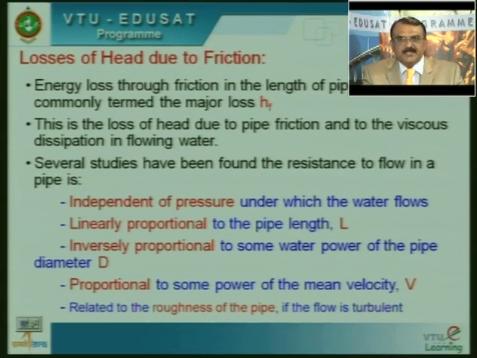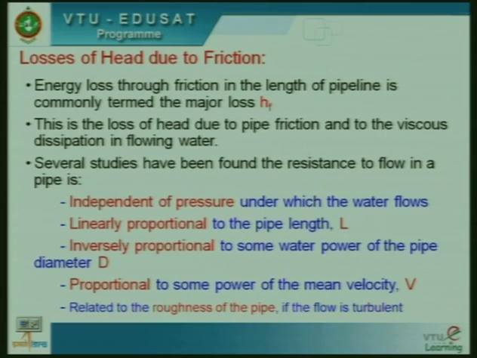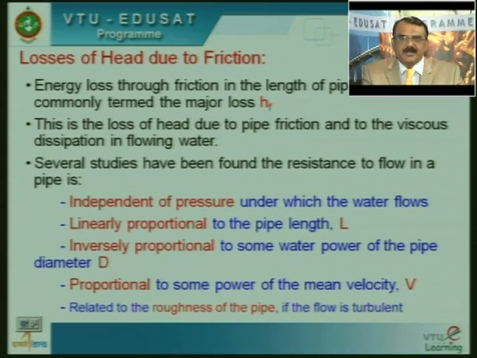One is, this resistance is independent of the pressure under which the water flows, and the resistance is linearly proportional to the pipe length, and it is inversely proportional to some power of the pipe diameter d, and this resistance is proportional to some power of the mean velocity v, and it is related to the roughness of the pipe if the flow is turbulent.